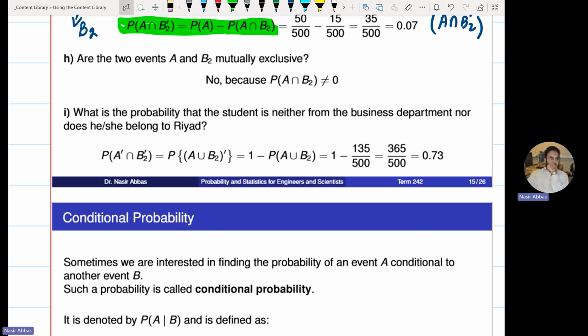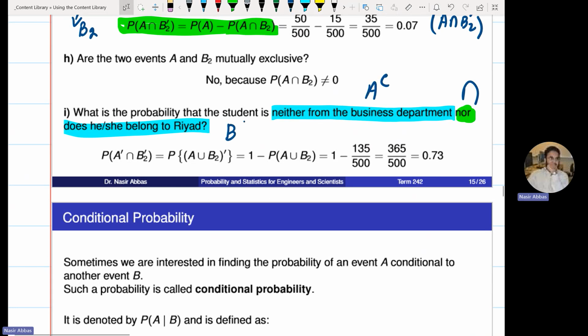What is the probability that the student is neither from business nor from Riyadh? Important. Not from business, not from Riyadh. What does this nor mean? And or? You want both to satisfy or either one to satisfy? Both. This nor means and here. So this nor will translate to intersection here. So you want A complement intersection B complement.